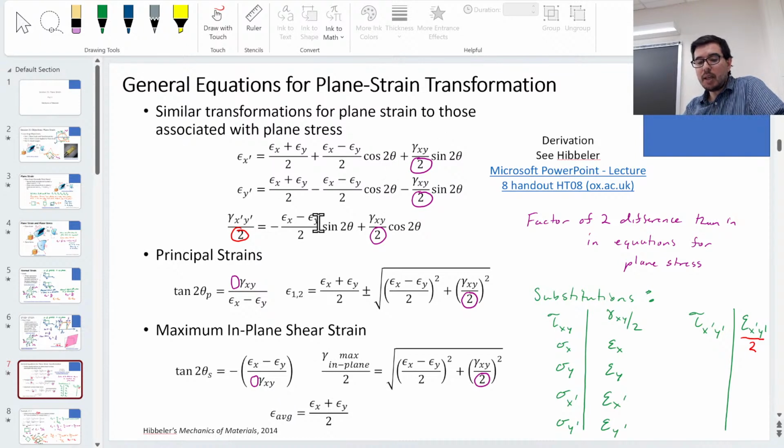And that is something that we want to keep in mind and be careful about. These equations, as far as I know, are correct. So these circles are just to point out that you need to be careful, at least careful in terms of what you would see with the plane stress equations.